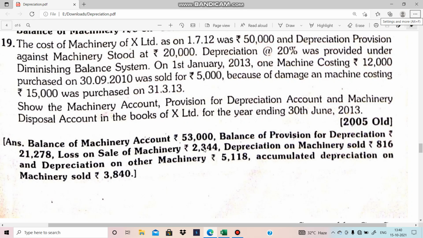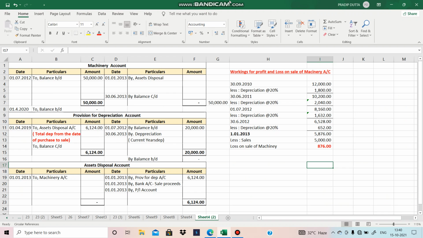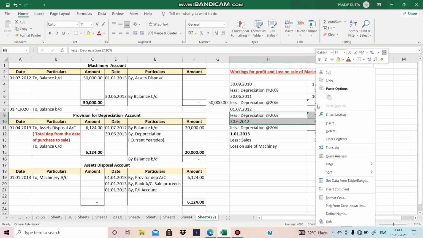Here the answer for loss on sale is 2,344, but something is wrong, so let's check what is wrong behind it. At 20%, here we charged depreciation one year more, so that part we have to delete.